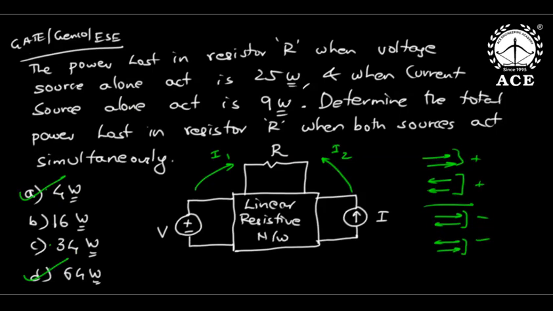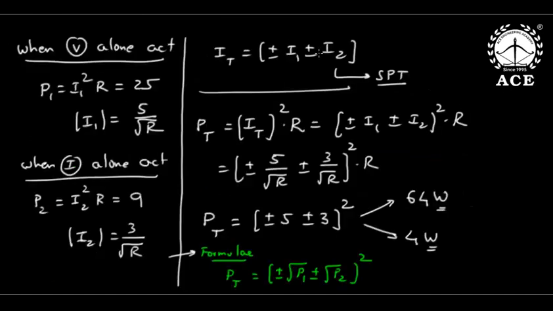But current directions are still not predictable as the internal network is not given, so we have to take all possible directions. That is why I take plus and minus. Then we confirm that there are 2 possible answers. If both currents go in the same direction, power is 64 watts. But if one current direction opposes the other, it is only 4 watts. Both are technically correct answers.